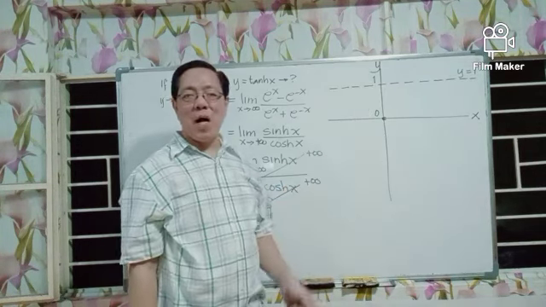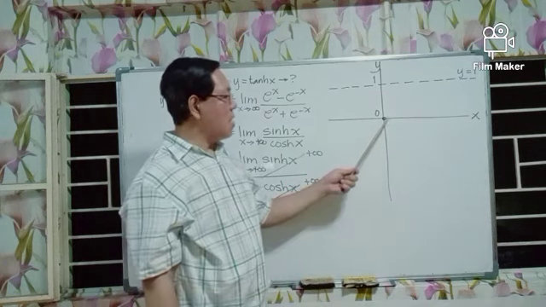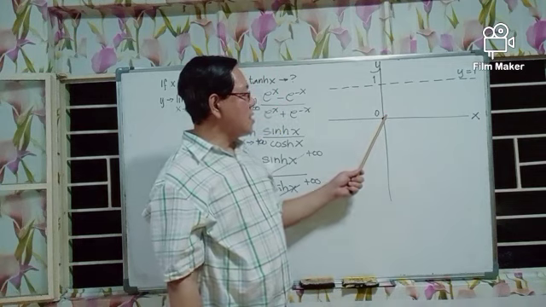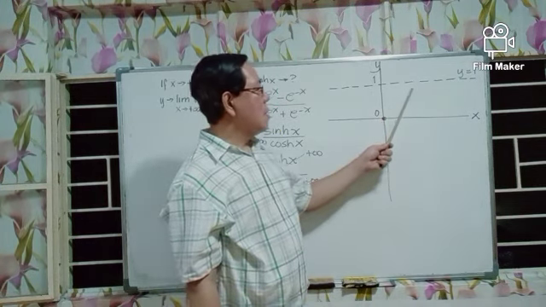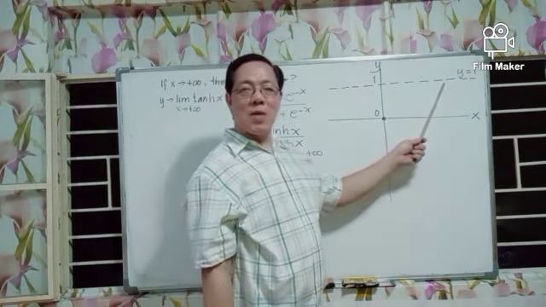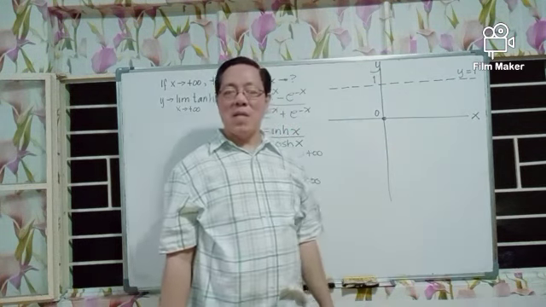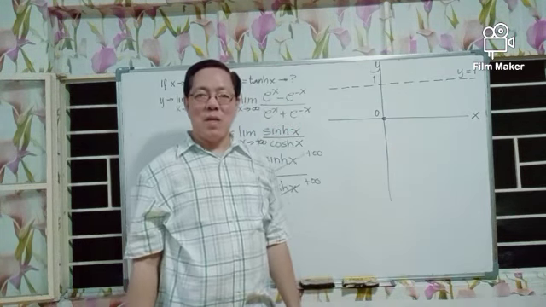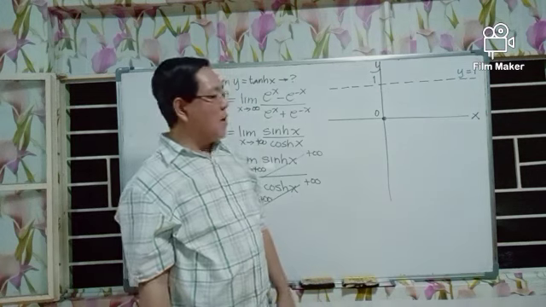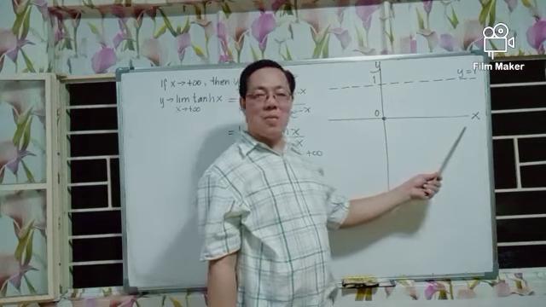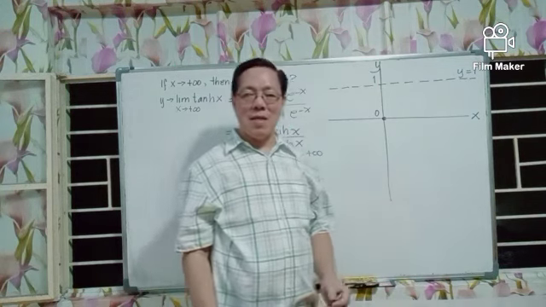Now the graph of the hyperbolic tangent of x as x approaches positive infinity is increasing, and it's approaching y equals 1, but will never be equal to 1. And so the graph of the hyperbolic tangent function of x, if x approaches positive infinity, would look like this.